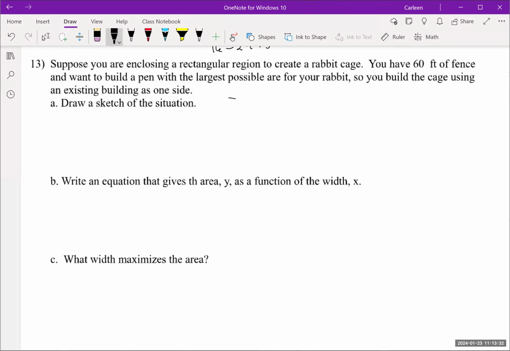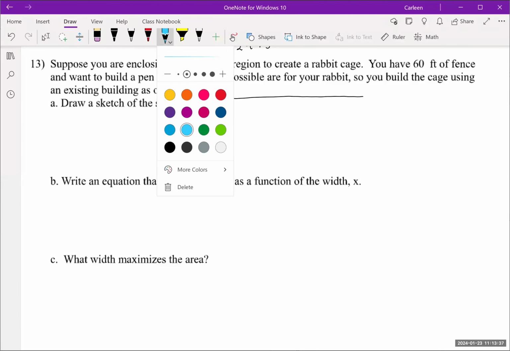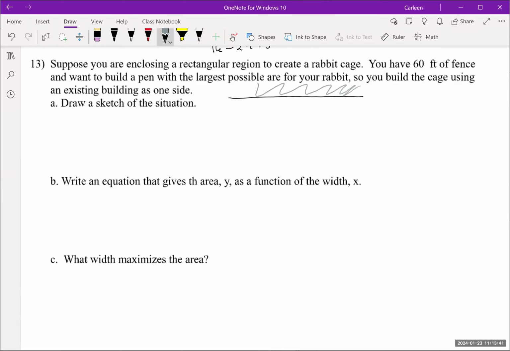Okay, existing building. Existing building is gray. Bunny pen. We're going to do bunny pen is purple.